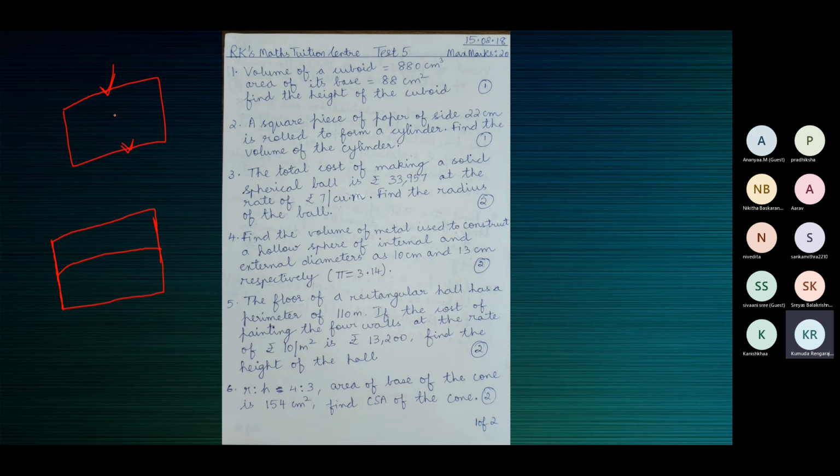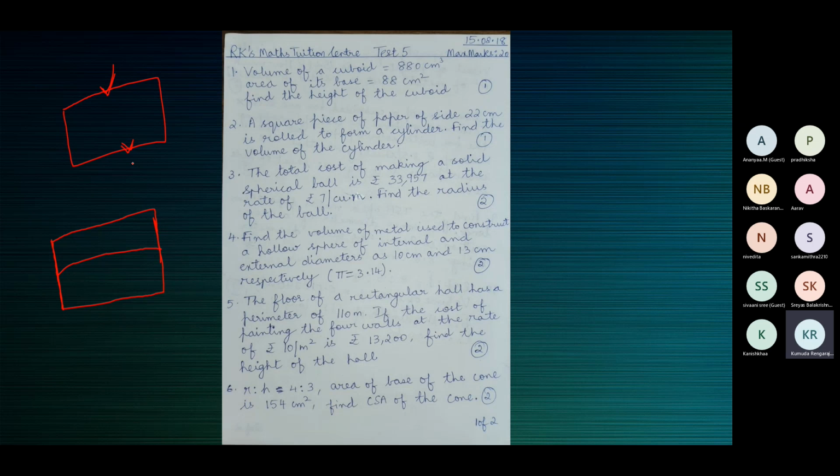When you roll it up, a cylinder is formed. This cylinder is open at both ends. It's not a solid cylinder. When this 2D is rolled up, a 3D is formed.